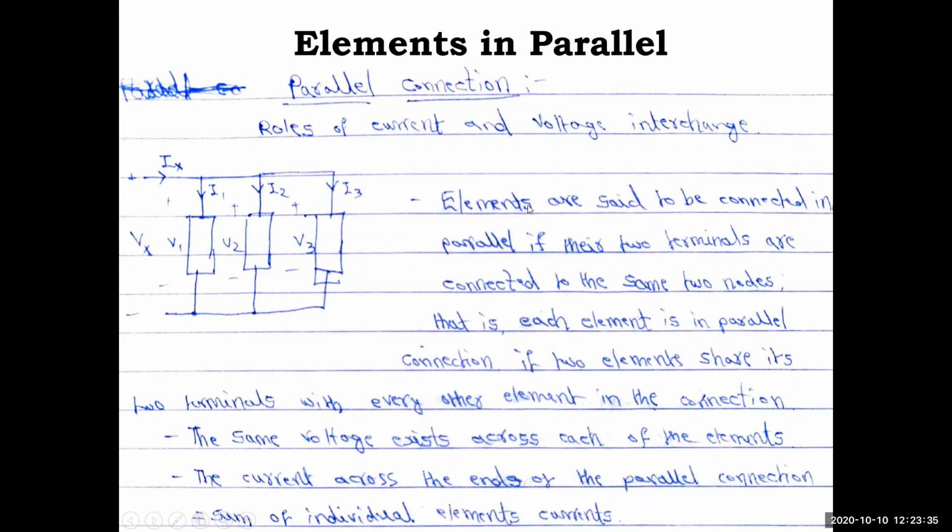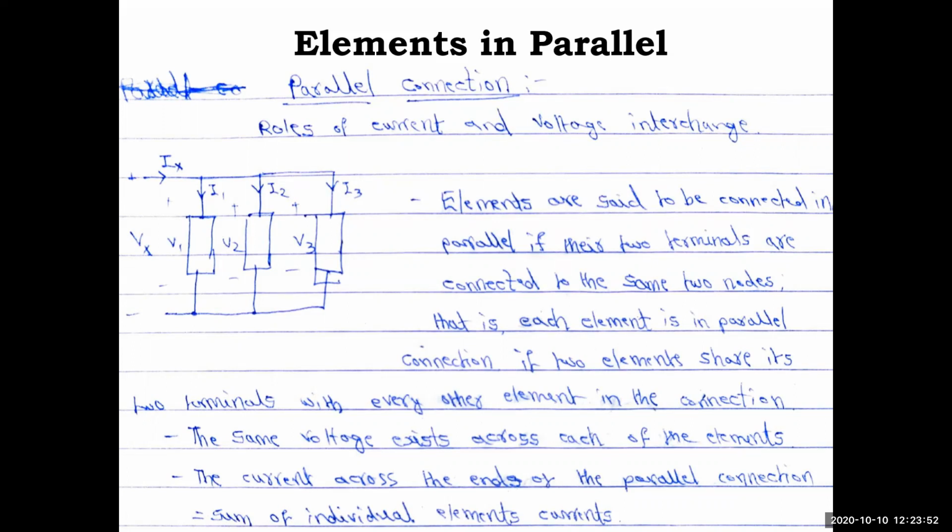Elements are said to be connected in parallel if their two terminals are connected to the same two nodes. That is, each element is in parallel connection if it shares its two terminals with every other element in the connection.